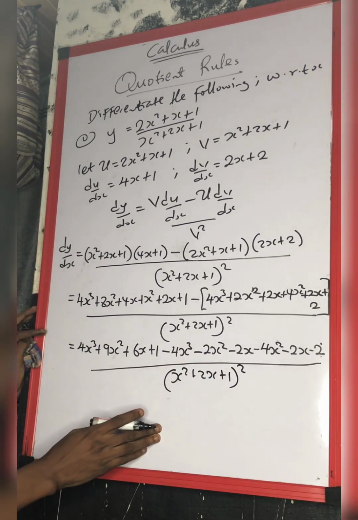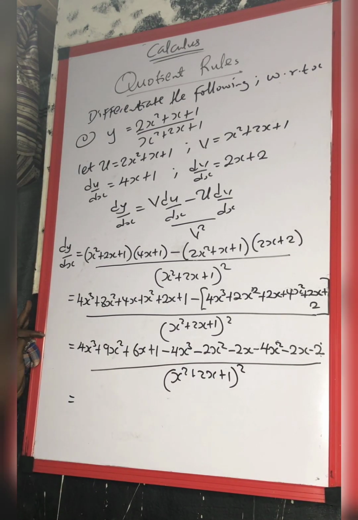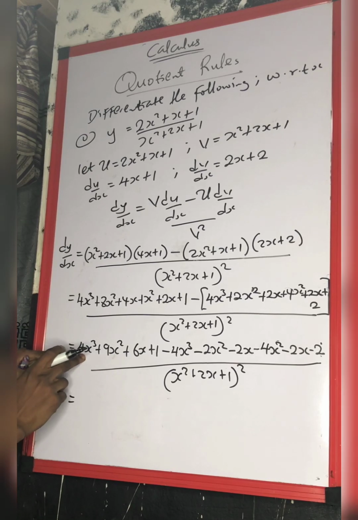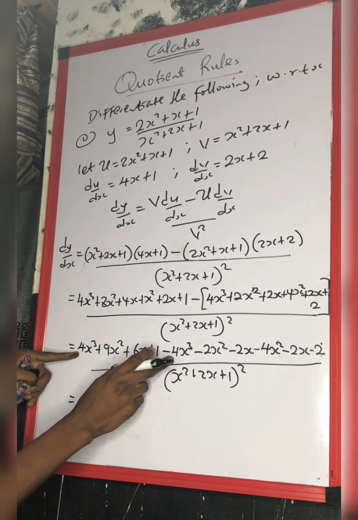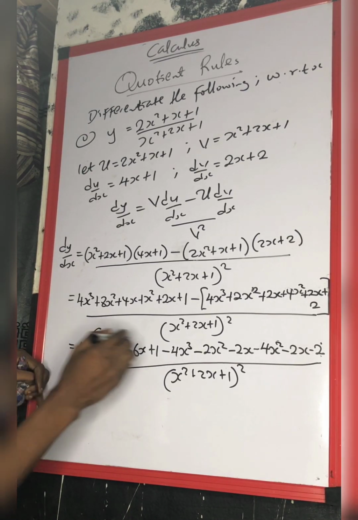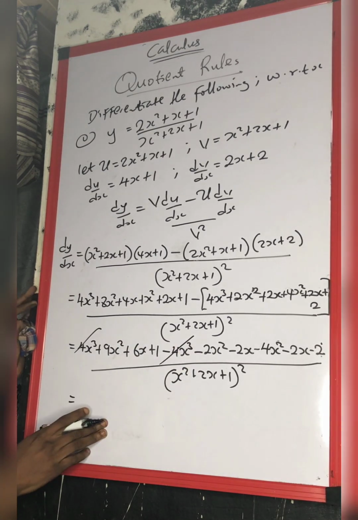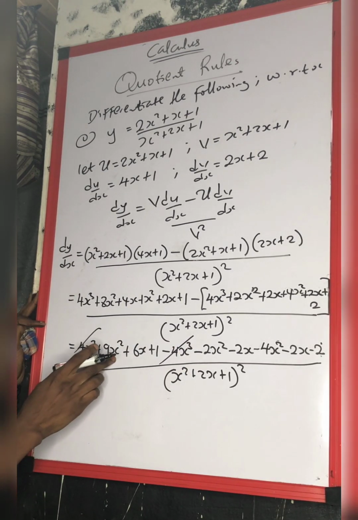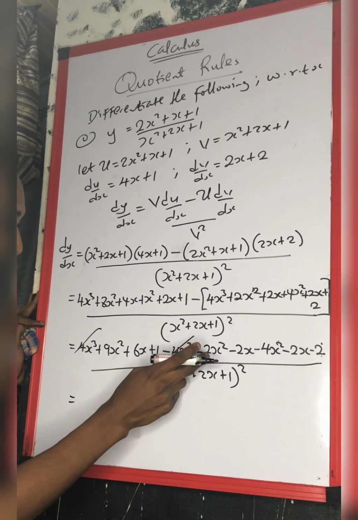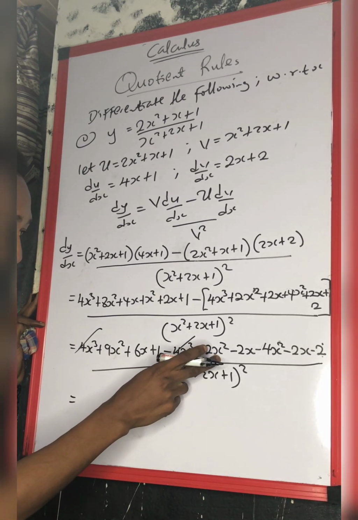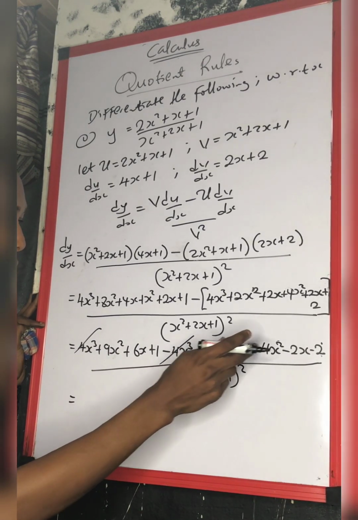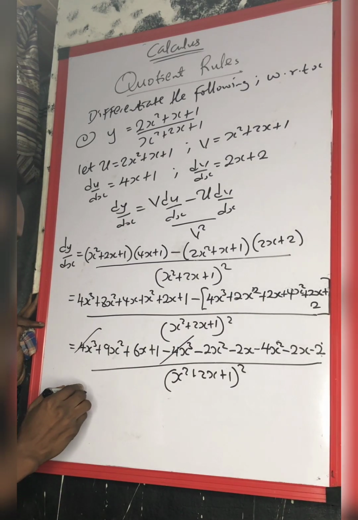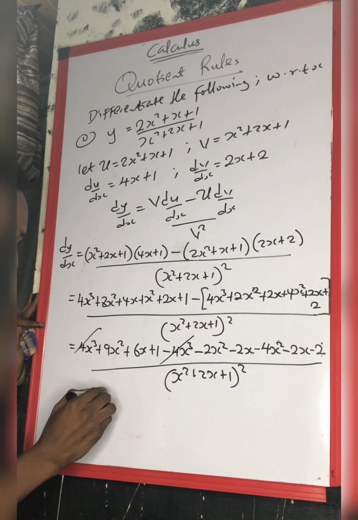So from there, collecting terms based on power. For x cubed, we have 4x cubed minus 4x cubed. They cancel out. Then we move to x squared. We have 9x squared minus 2x squared, which gives us 7x squared. 7x squared minus 4x squared gives us 3x squared.